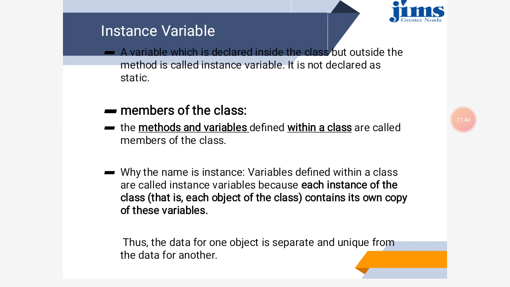And for a class, there may be an infinite number of objects, and every object has its own set of values. Means if there are 50 students in a class, then 50 students have their own roll number, their own name, own father name, own mother name. So every object contains its own variables and values.